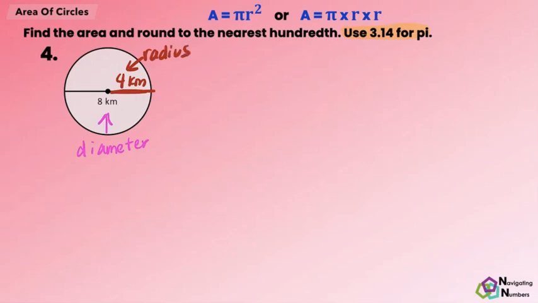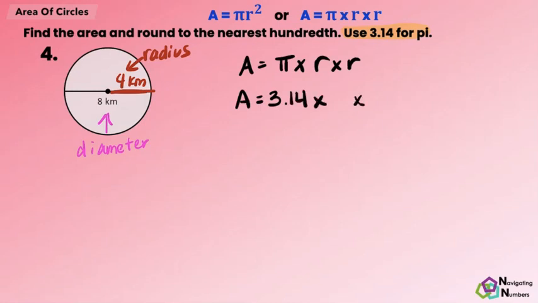All right, so let's use our formula. Area equals pi times radius times radius. So area equals pi, which is 3.14, times radius times radius. So here that's times 4 times 4. Let's simplify that. We have 3.14 times, well, 4 times 4 is 16.